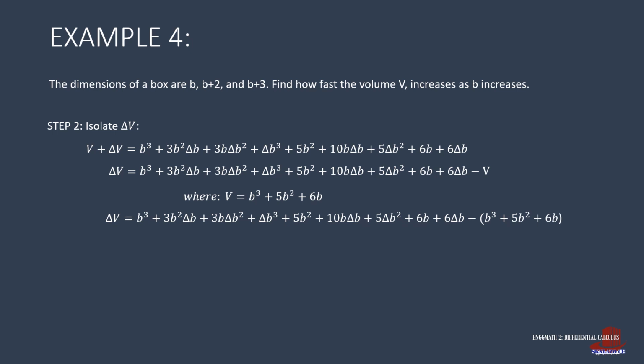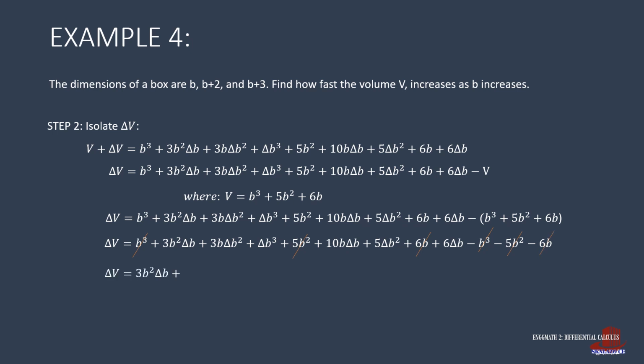Place this in the long equation and it helps in the reduction as b cubed, 5b squared, and 6b cancel out, giving a reduced equation of delta v is equal to 3b squared delta b plus 3b times the square of delta b plus the cube of delta b plus 10b delta b plus 5 times the square of delta b plus 6 delta b.